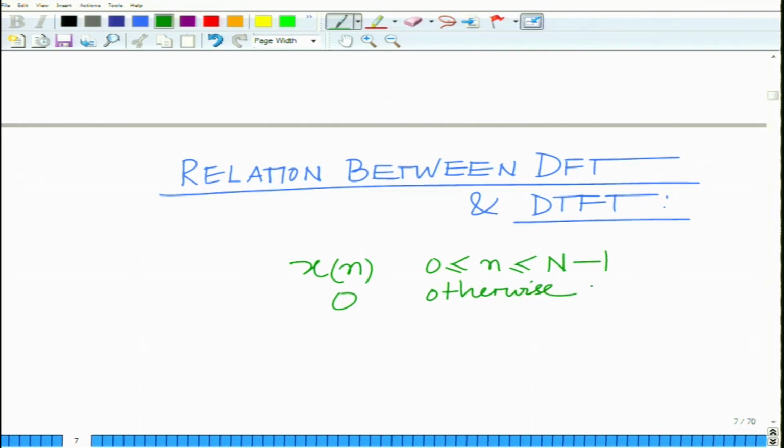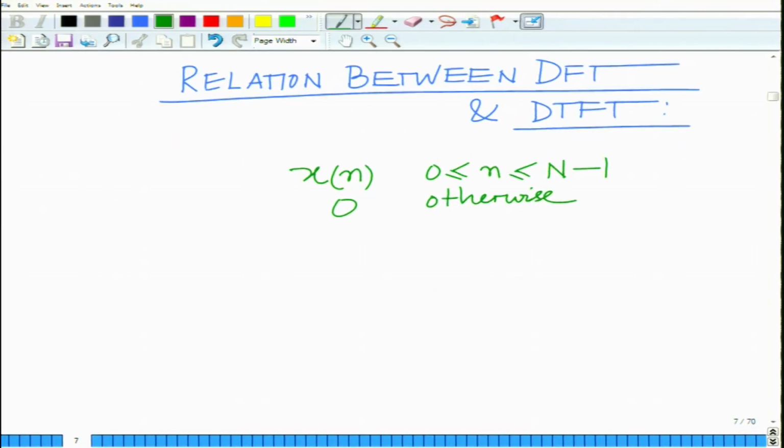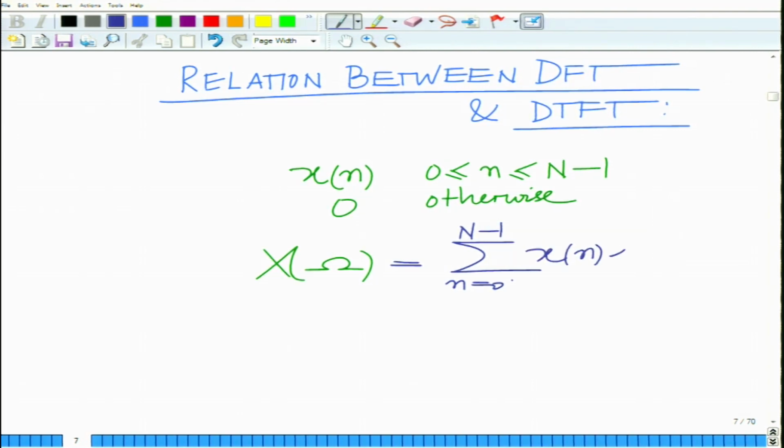For this signal, the DTFT will naturally be X of omega equals the sum, because this is 0 outside n equals 0 to N minus 1, so this will be n equals 0 to N minus 1 x n e raised to minus j omega n.